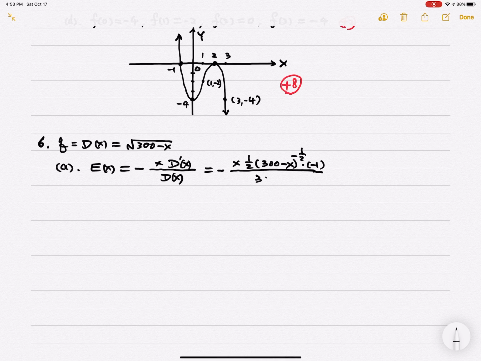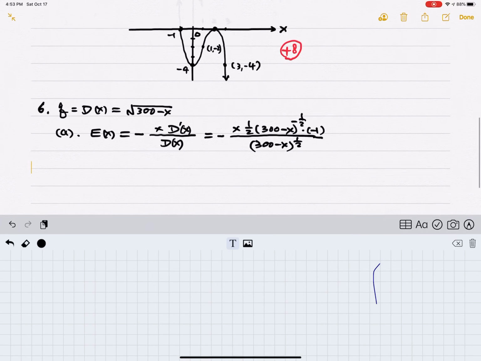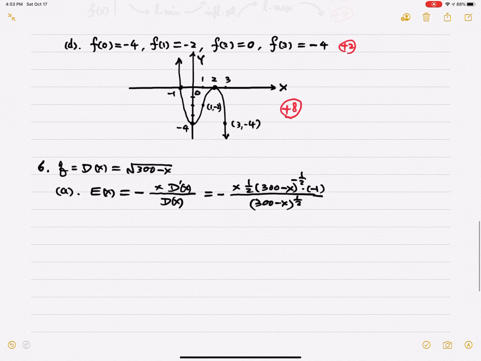The denominator is 300 minus x to the positive half. Now negative times negative is positive. And then the 2 moves to the denominator, so this is just equal to x over 2 times 300 minus x. That's it. So this is the elasticity function.